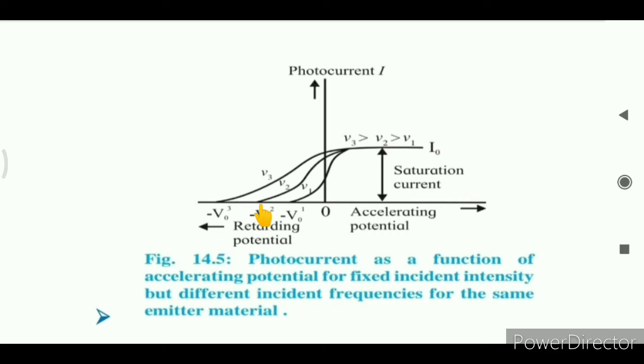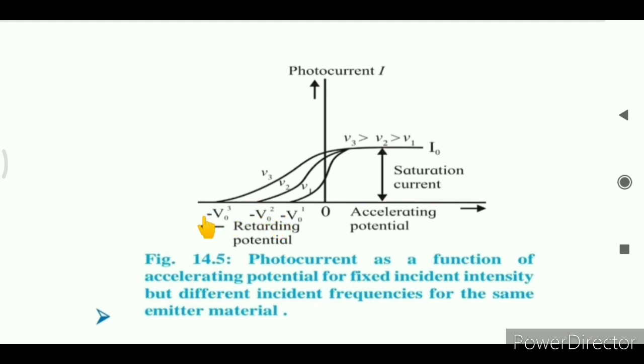Then when the frequency is increased further to nu 3, the photoelectric current also decreases when the negative potential is increased. That means over here we obtain that as the frequency increases, the stopping potential becomes more negative.